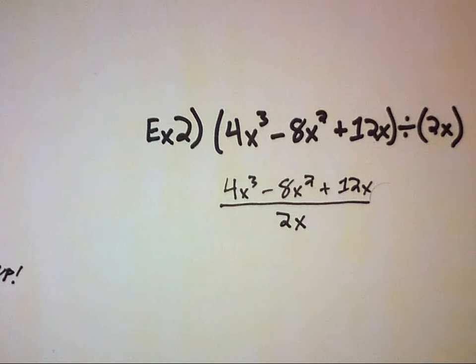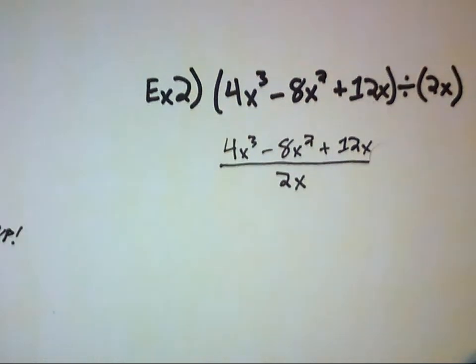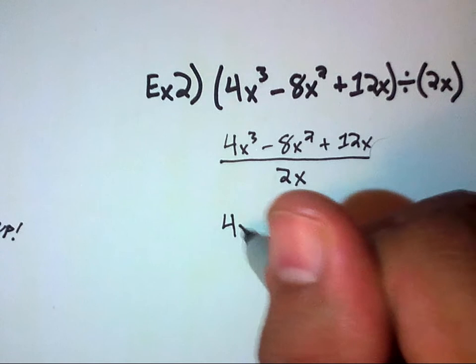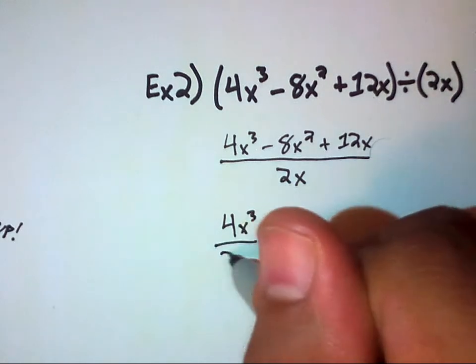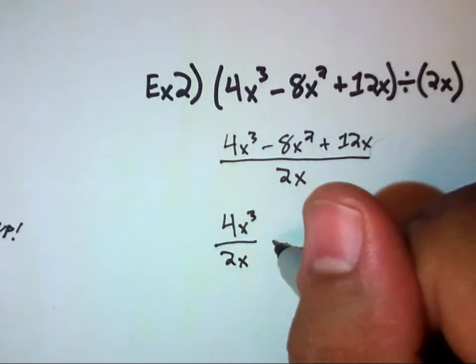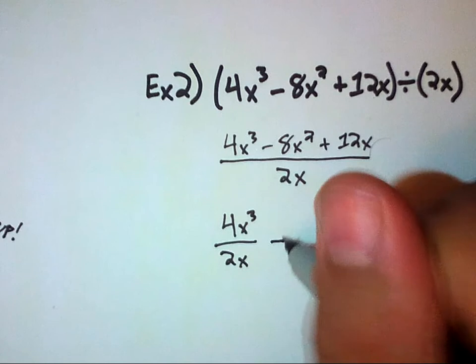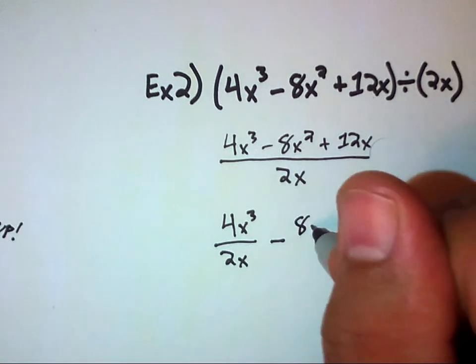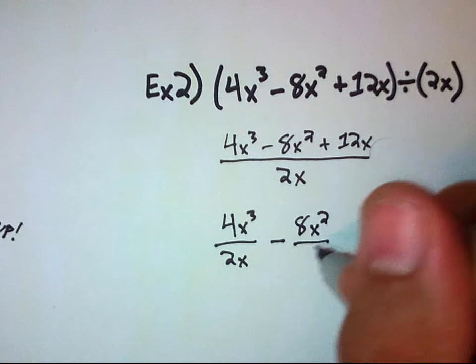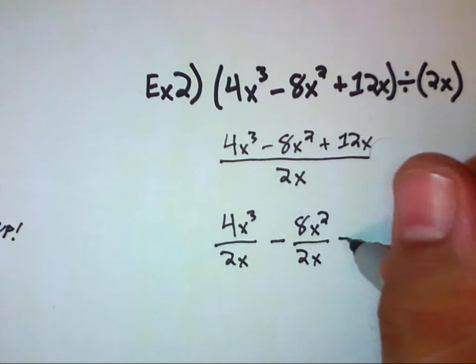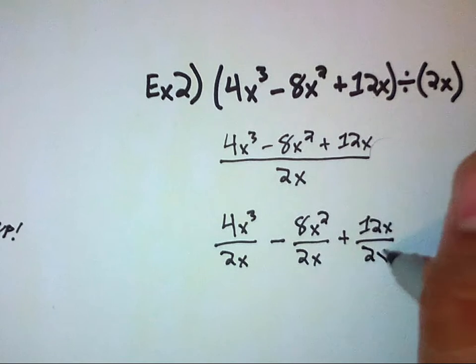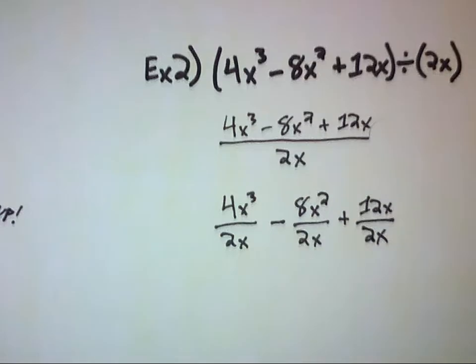In reality, doing this makes it a little bit easier to do the next part, which is break it apart. So this will really become 4x cubed divided by 2x. And I'm going to go ahead and bring the minus in between because there's no negative down here. So in the answer, it's going to clean up a little bit easier. So minus 8x squared divided by 2x. And then plus 12x divided by 2x. So now all we have to do is just clean it up.